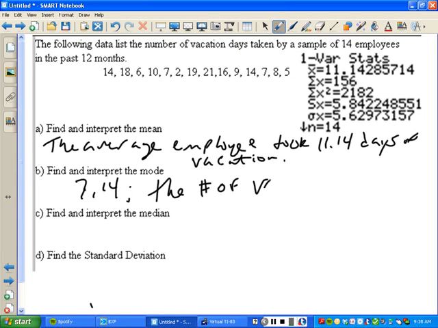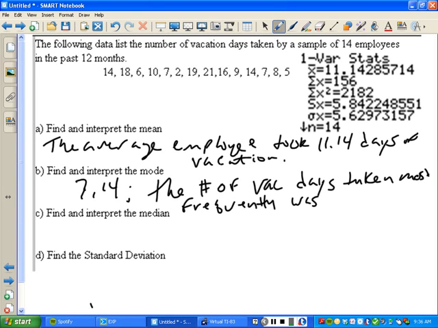The number of vacation days taken most frequently was 7 and 14 days. Notice I didn't say most of the data is 7 or 14. That's a lie. Most of the data is not 7 or 14. That was the number that occurred most frequently, but it doesn't mean most of the data is that. Okay?